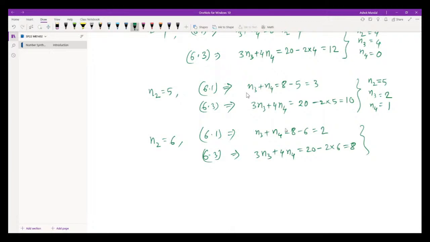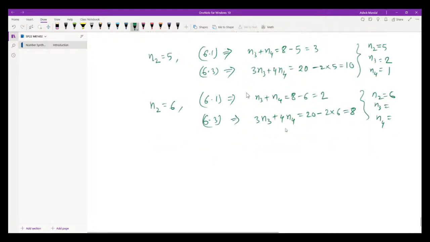What is the solution? n3 equals 0 and n4 equals 2. Okay. So can we go for n2 equals 7?